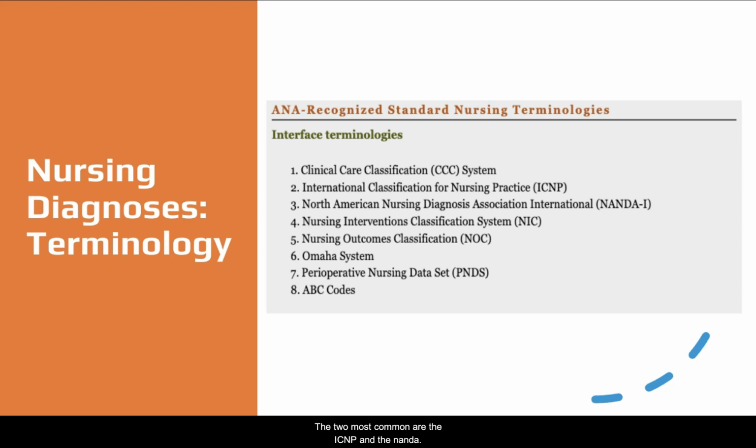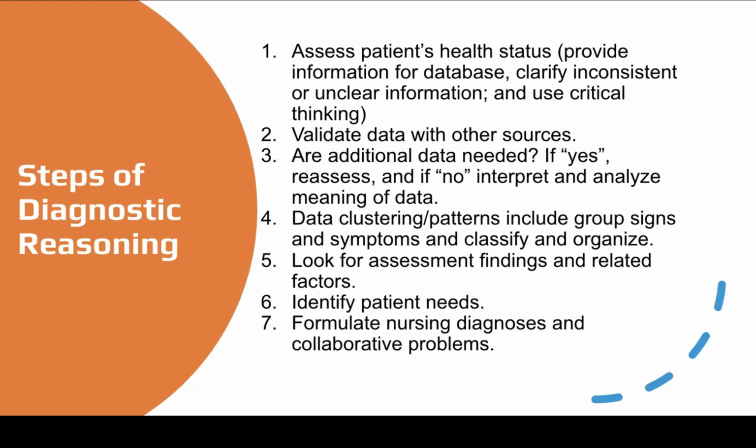The two most common are the ICNP and the NANDA. And then we also have the nursing intervention classification system, and the nursing outcomes classification system. So these are the four that we will focus on. But for the diagnostic statements, the ones we will work with are the ICNP and the NANDA.